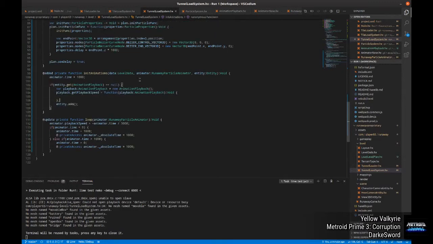Instead, we're just going to do that. There's a function for it, with a lot less code.